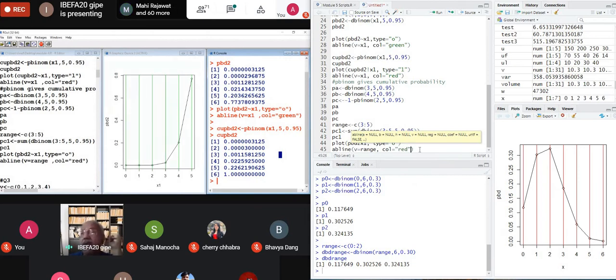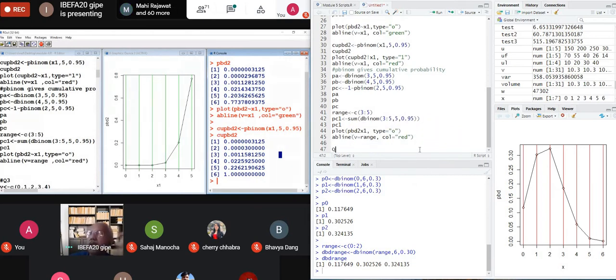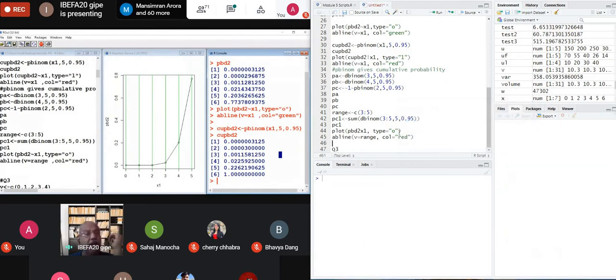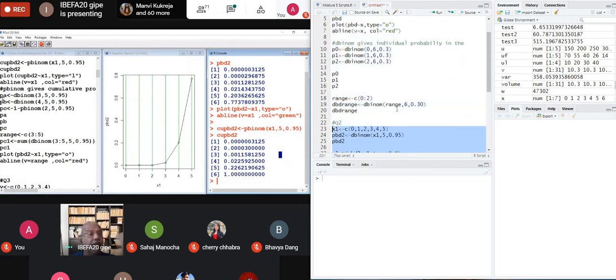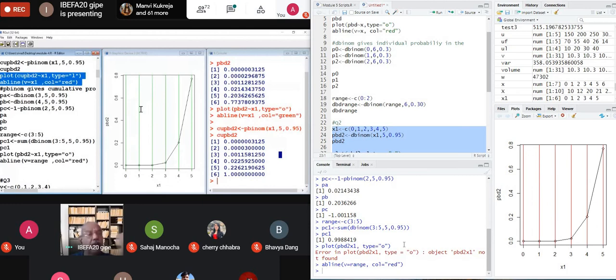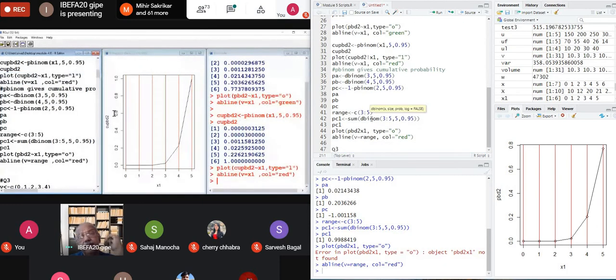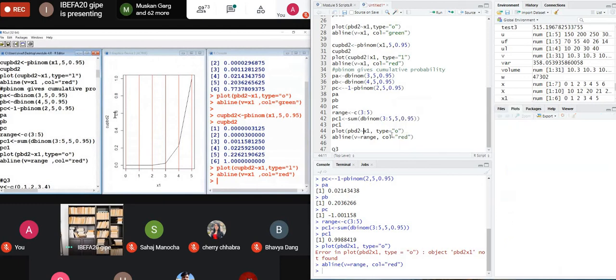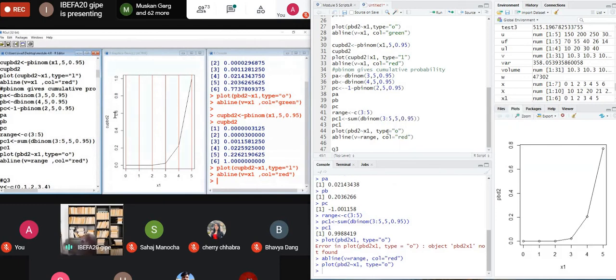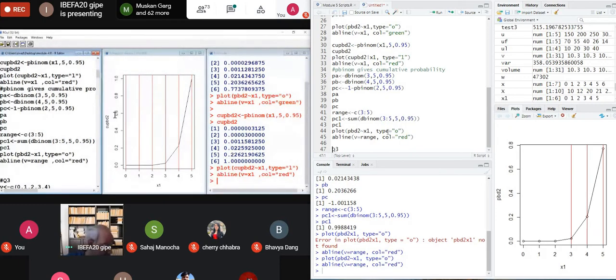dbinom will give you exact probability. pbinom will give you cumulative probability. You can plot both, no problem. So plotting syntax will be the same, but computational probabilities are different.